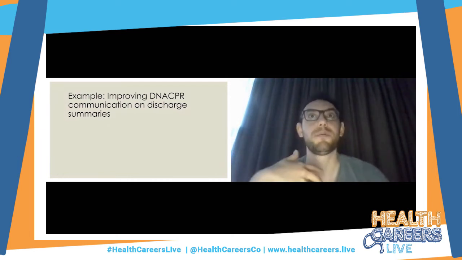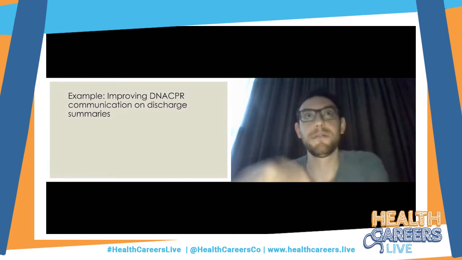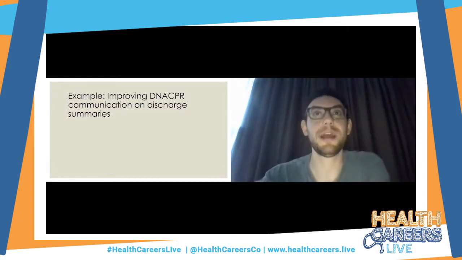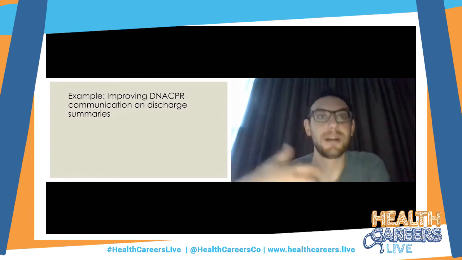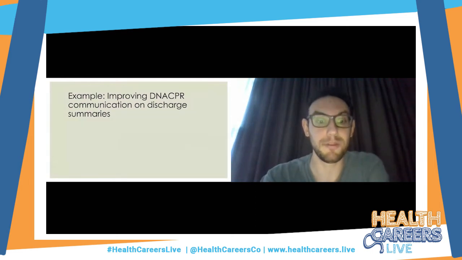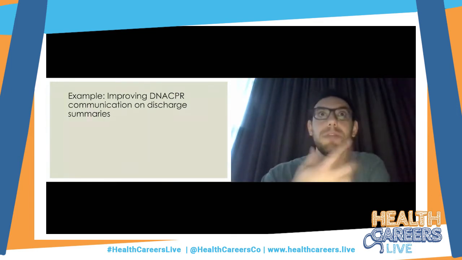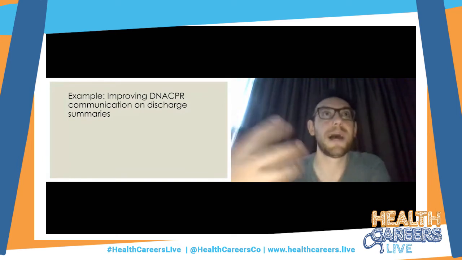And if a terminal event were to happen in the community, that form is then not there, and the patient might be getting unnecessary intervention when there was already a form in place in hospital to say that this isn't what should happen. So there is an indirect patient care aspect to it.